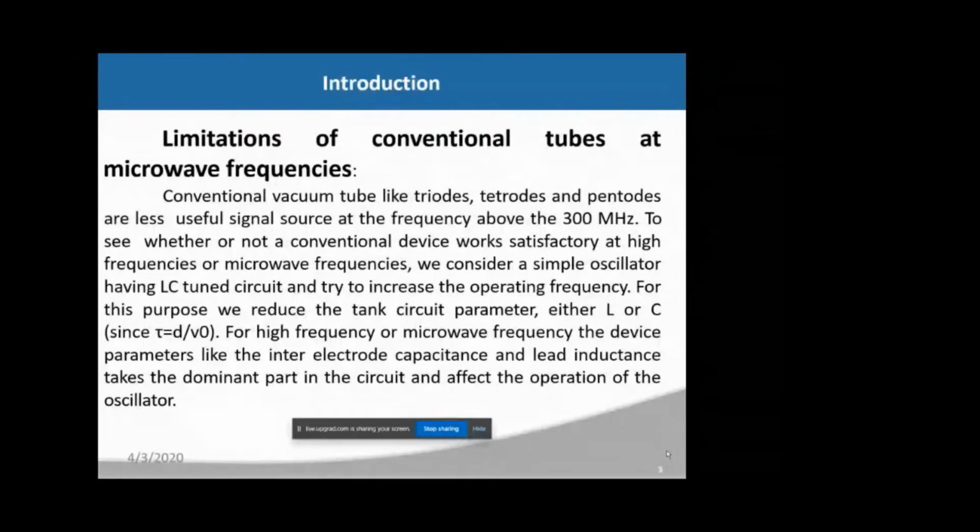For high frequency or microwave frequencies, device parameters like inter-electrode capacitance and lead inductance take a dominant part in the circuit and affect the operation of the oscillator or amplifier. As we know, the microwave frequency range is from 300 megahertz to 300 gigahertz, and the operation of the circuit gets affected in this case.